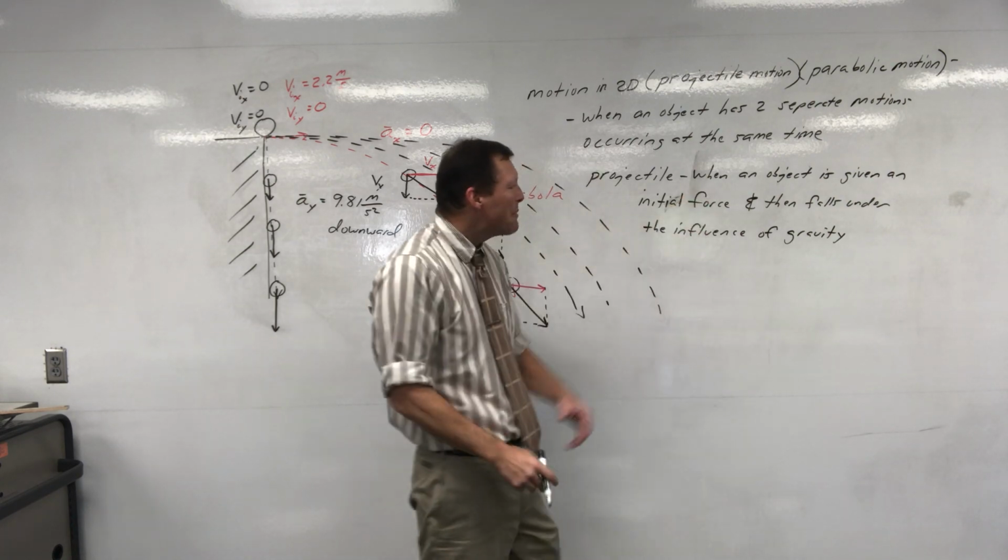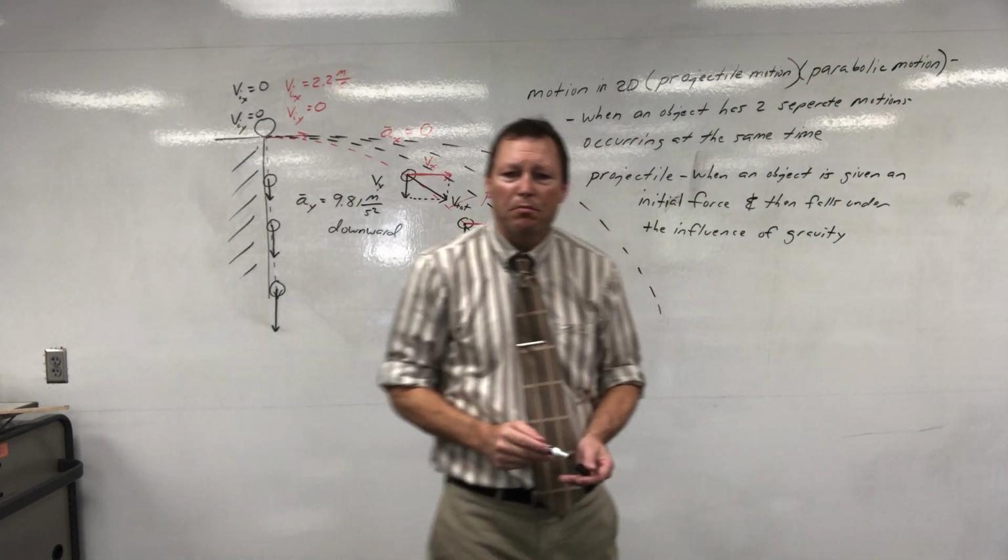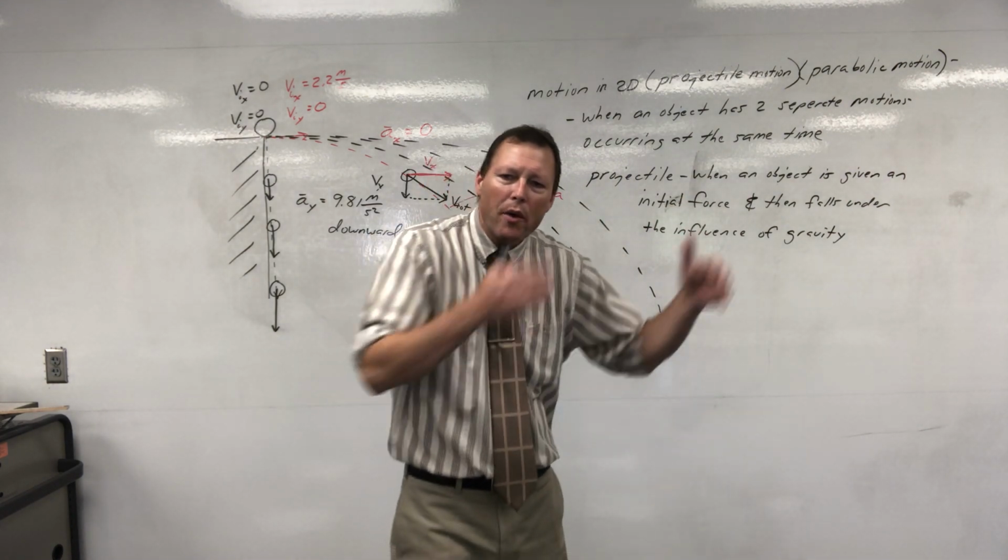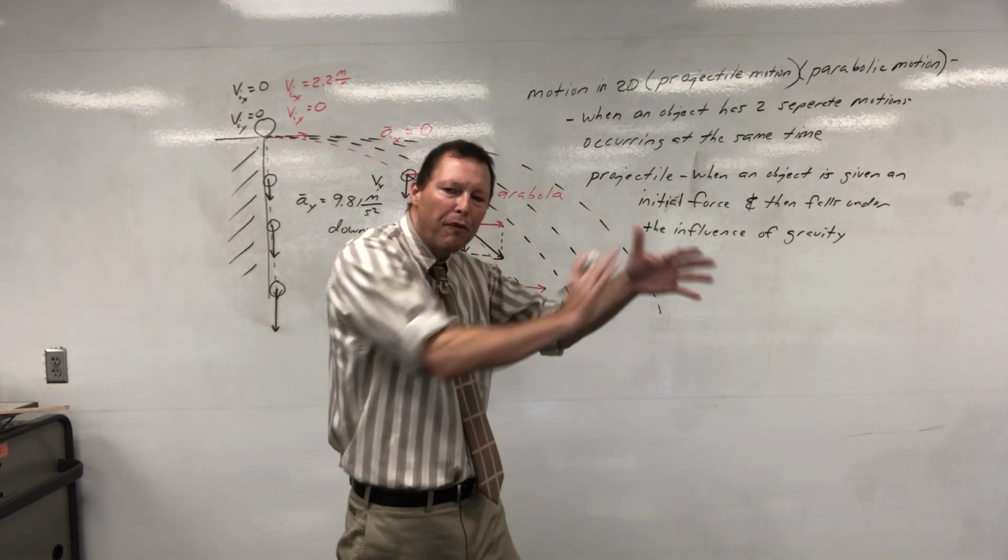All right, so an object is given an initial force. So a force is a push or a pull. So in our case, we gave it an initial boom, force.